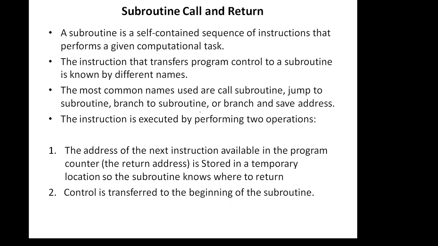For example, here is my program. Here an add instruction is there. This add instruction, I am keeping in a subroutine, or we can also say a function. Whenever the controller encounters it, I'll go there, do my particular task, and again return here.